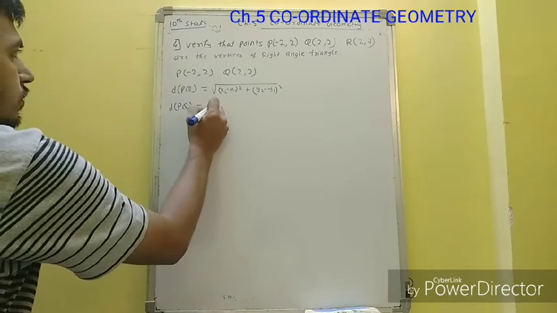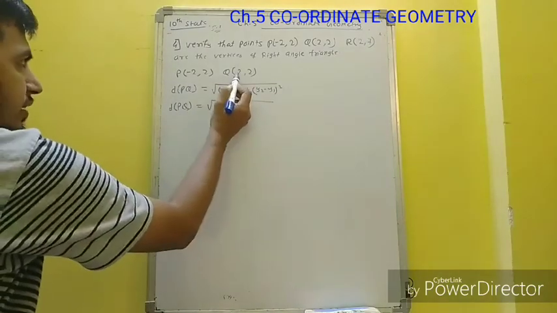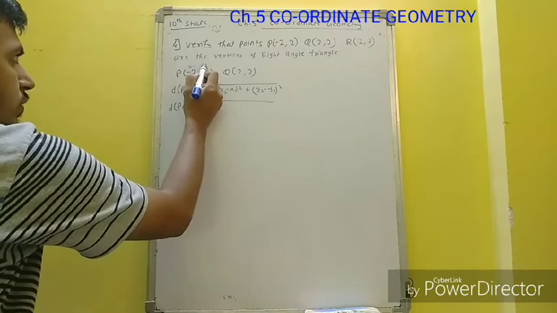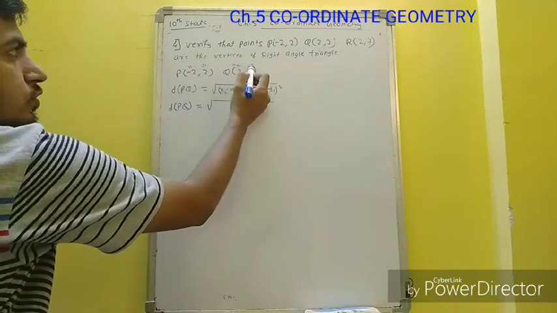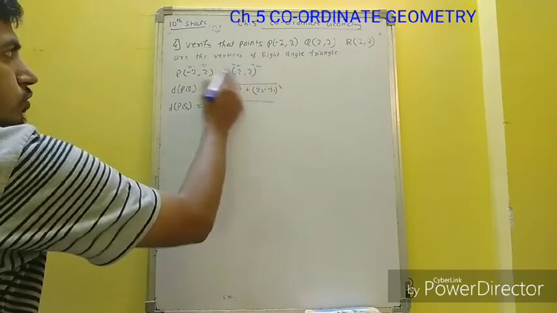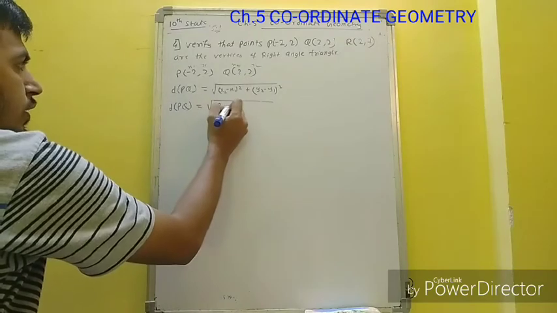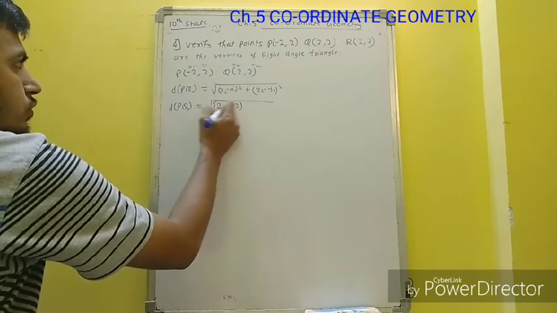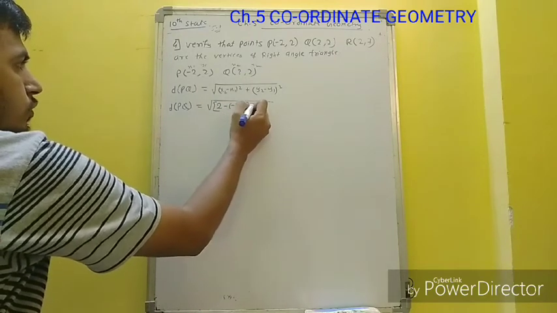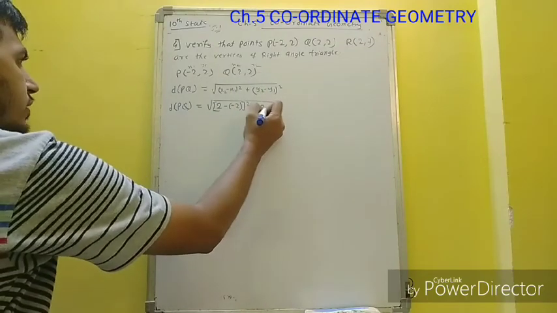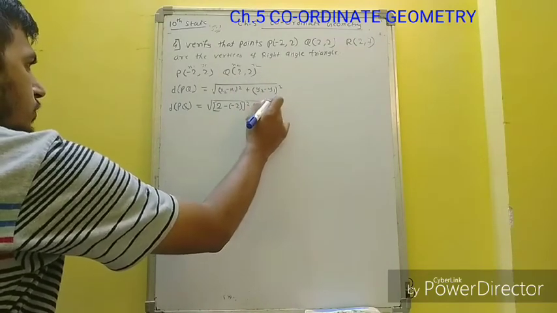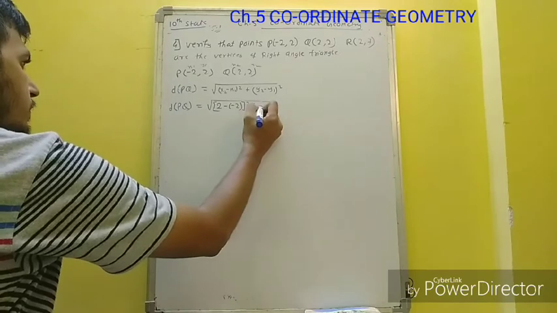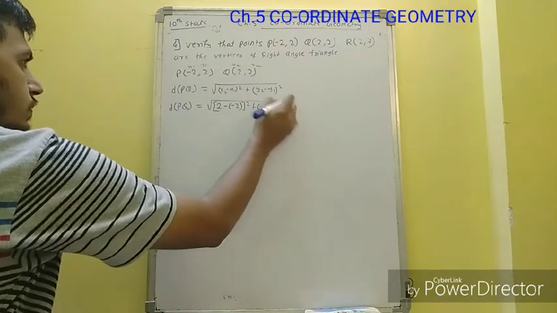Distance PQ is equal to square root of, see, x1, y1, x2, y2. So x2 minus x1, that is (2 minus (-2)) the whole square, and y2 minus y1, (2 minus 2) the whole square.